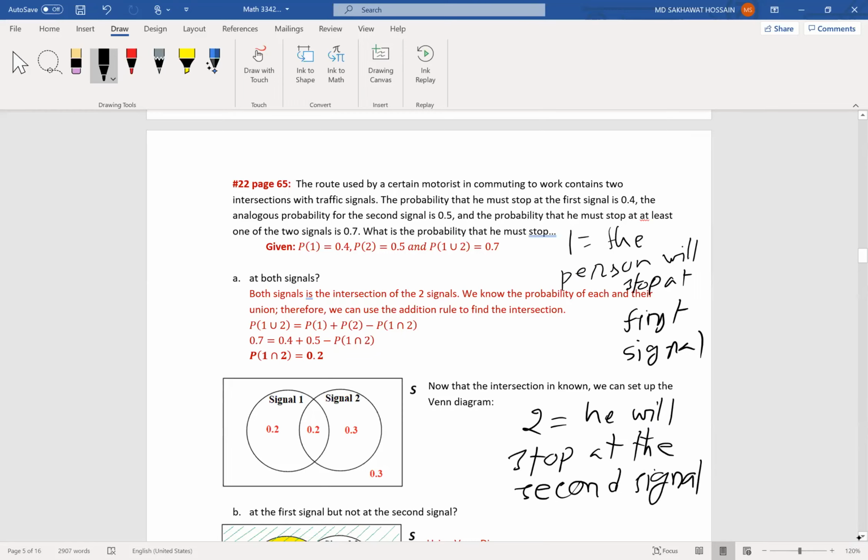So we have two events here. Event 1 means the person will stop at the first signal, and event 2 means he will stop at the second signal.